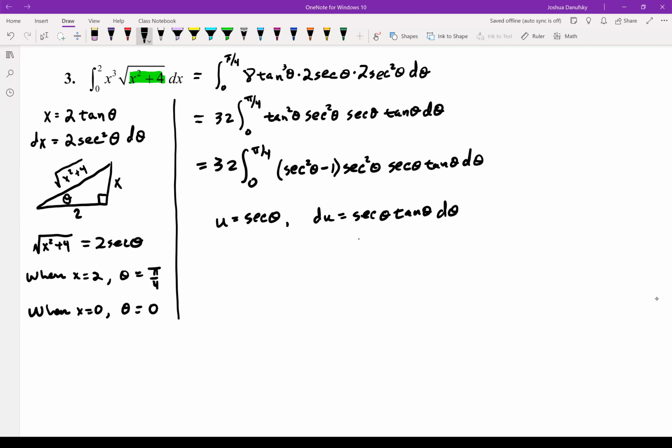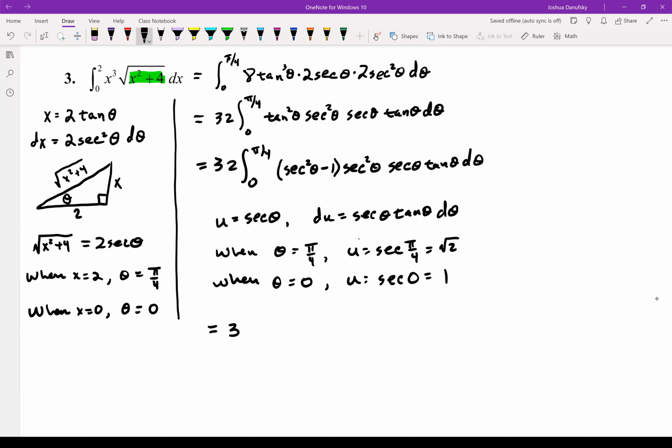We're going to change the limits of integration again. When theta equals pi over 4, u is equal to the secant of pi over 4, which is equal to the square root of 2. And when theta equals 0, u is equal to secant of 0, which is 1.